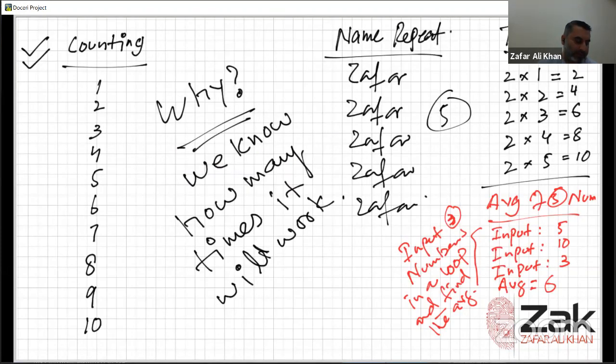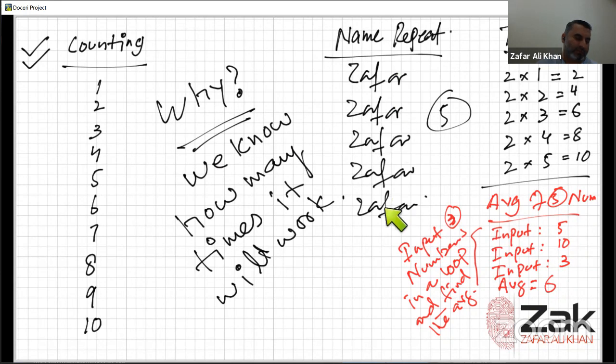I told you that count-based iteration is when we already know before starting the solution how many times we would have to do the task repeatedly. Like in here, I told you that I might need to show counting from 1 to 10, so this would go on for 10 times. Here I would like to show my name.